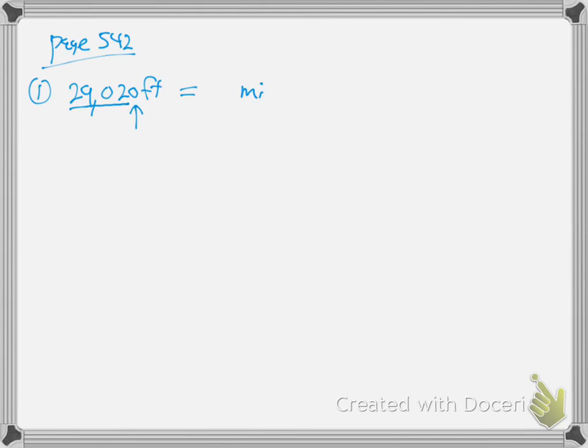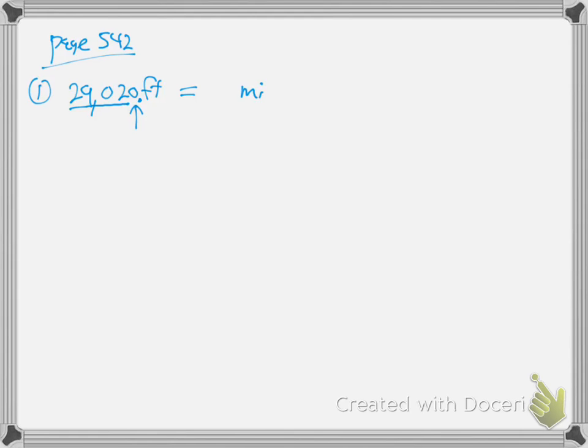The one in the middle counts, of course, because there's a 2 coming after it. The decimal would be right here, at the end, if it's not showing. I got 29,020. So there's 4. That last zero doesn't count.